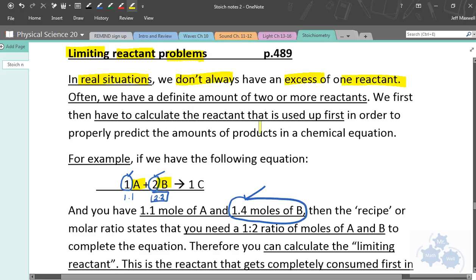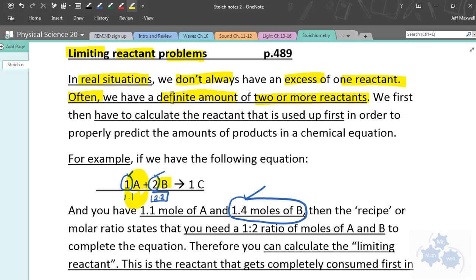In the stoichiometry problems that we've done so far, I give you an equation and say you have so many grams of A, and you have an excess of the other one, so you don't have to worry about it limiting the amount of reaction for A. But in real life situations, most of the time, we have definite amounts of two or more reactants. So we have an actual limited amount of the reactants involved.